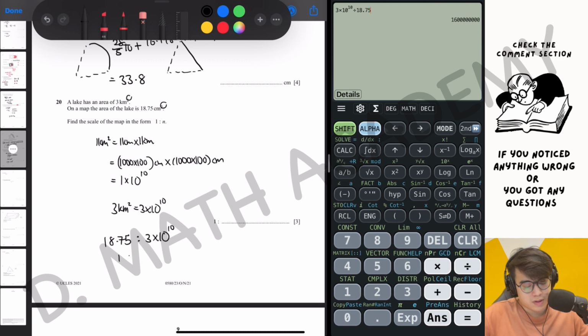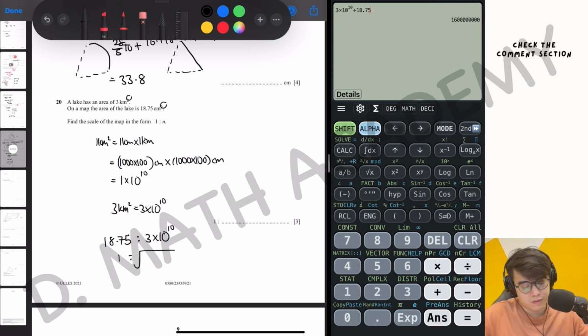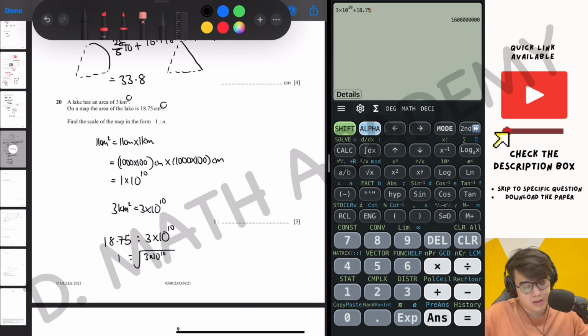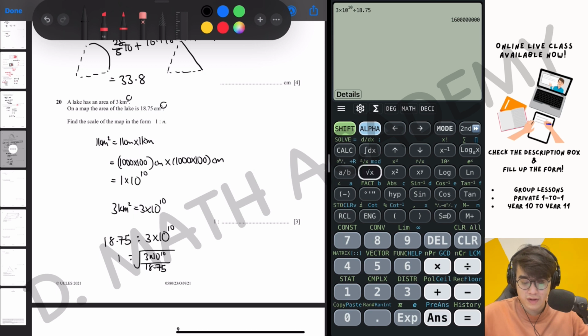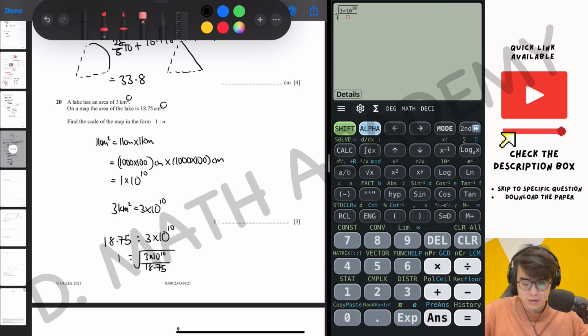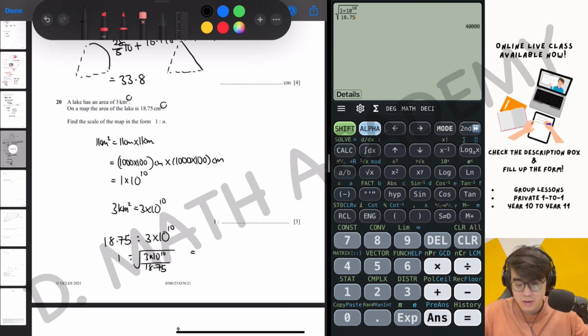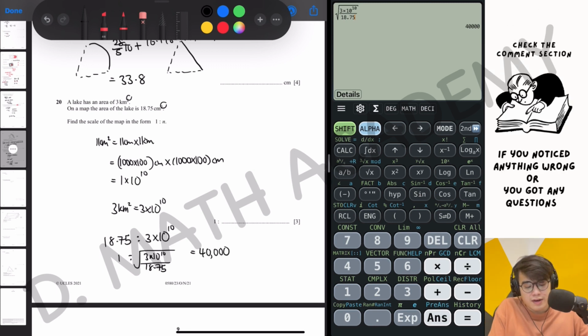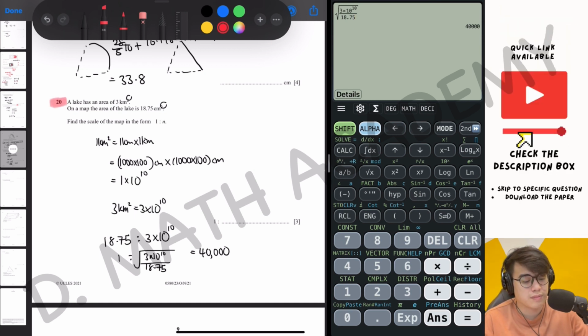To go to the other side, we have to square root 3 times 10 to the power of 10 divided by 18.75. With this answer being square rooted, we will get our final outcome as 40,000. So this will be my final answer here. Oh, this is a very tricky one. It's been a while since they put a map scale question.